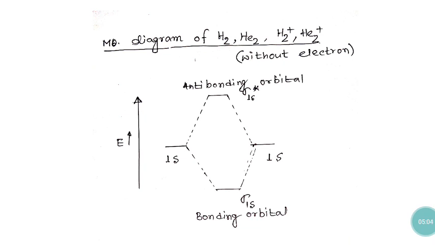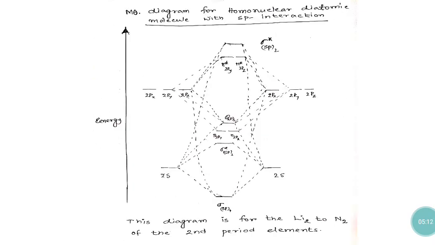The two 1s atomic orbitals combine to form sigma 1s and sigma star 1s. Here also the two 2s orbitals combine with each other to form sigma 2s and sigma star 2s.